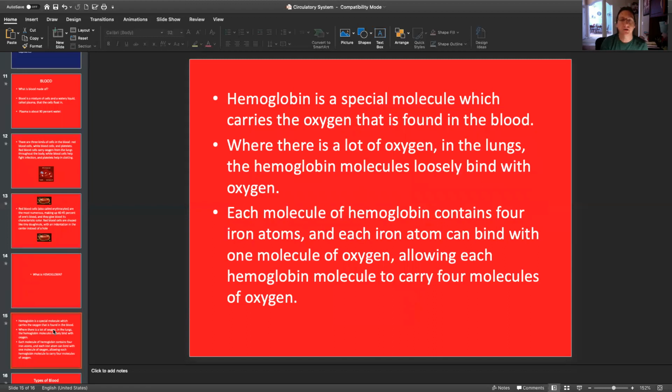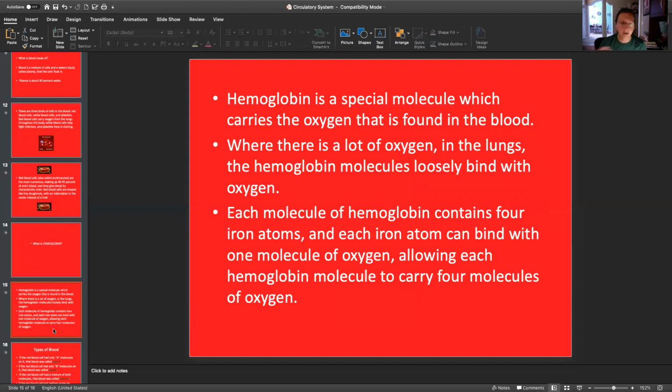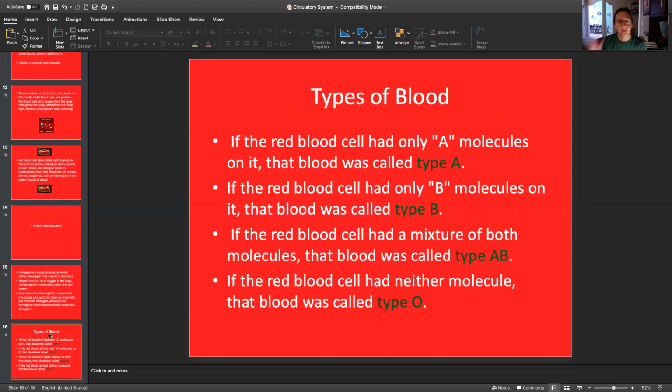Each molecule of hemoglobin contains 4 iron atoms. Each iron atom can bind with 1 molecule of oxygen. And I tell you that because that helps us to know that each hemoglobin molecule can carry 4 molecules of oxygen. So that's how we're getting oxygen transported throughout the circulatory system and throughout our body.